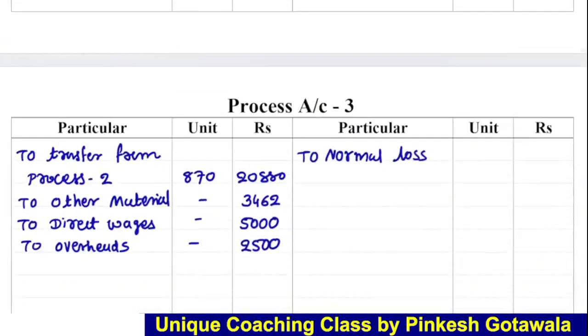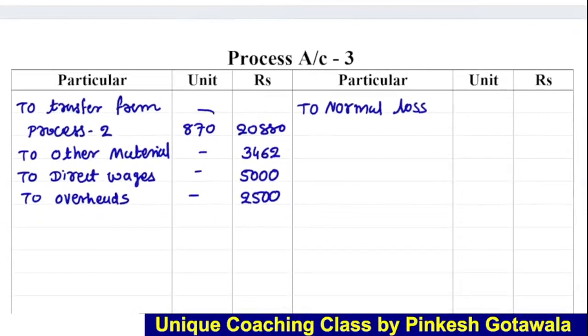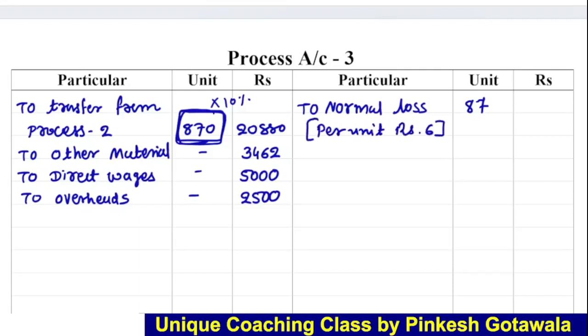So normal loss 10% will be 10% of the units introduced. So you will get 87 units sold at rupees 6 per unit. So 87 into 6, so we get 522.